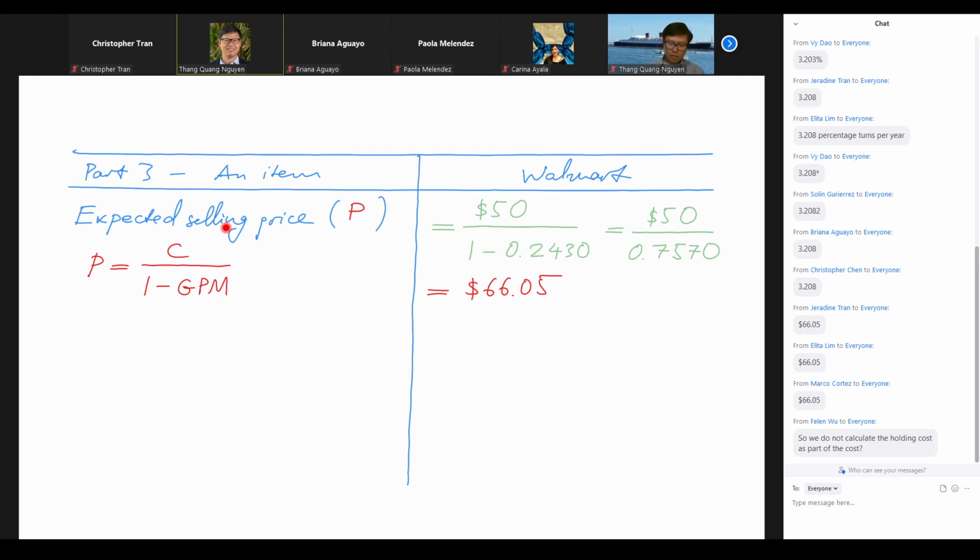And now we can do the next calculation, right? So we know how much we can sell it for, how much it costs. Then we can calculate the gross profit of the item.